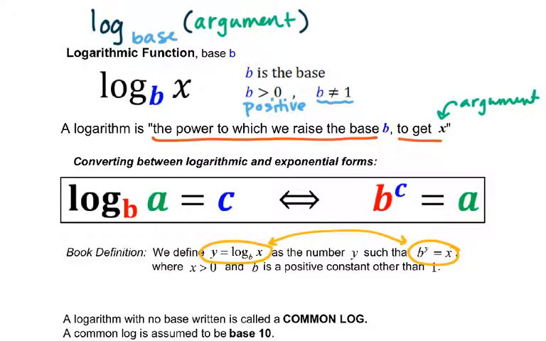And if I wanted, I could write this definition with all symbols. I could say log base heart of smiley face equals star. And if I wanted to convert that, that would become heart raised to the star power equals smiley face.